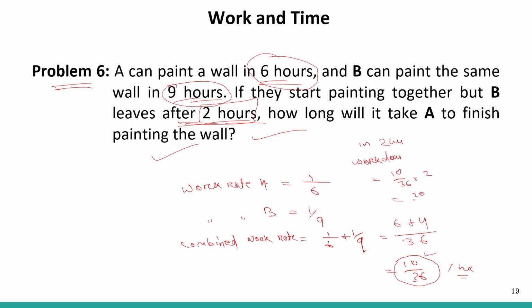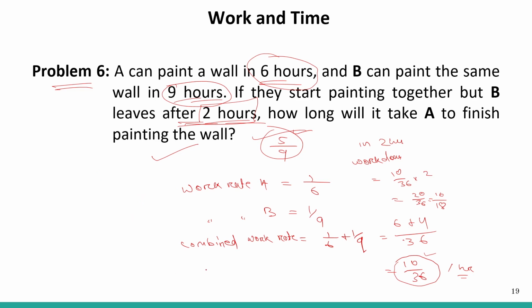That is equal to 20 by 36. That is nothing but what? 10 by 18, right? So 10 by 18 is nothing but 5 by 9. So 5 by 9 of the work is done in 2 hours. Okay, so how much is the remaining work?